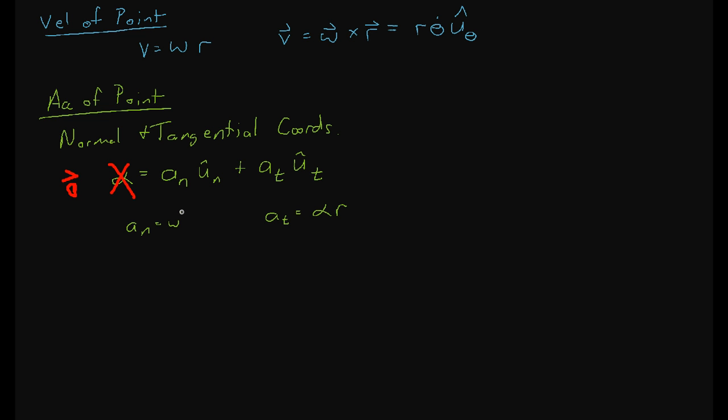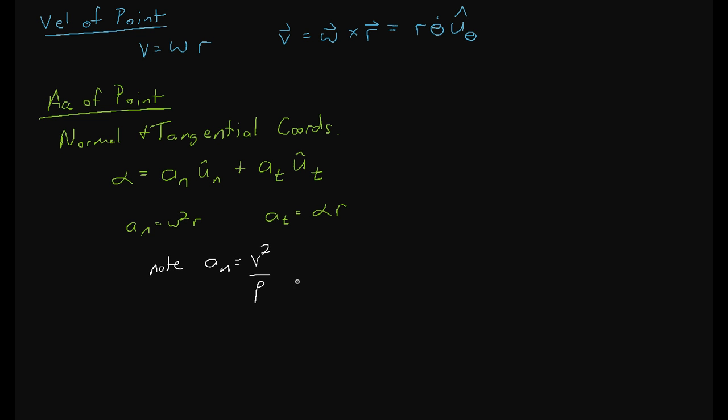It's going to have a normal component and a tangential component. The tangential component is just going to be alpha r, the derivative of the velocity from above. However, there's going to be a normal acceleration as well, acceleration that points towards the origin, towards the point that it's rotating about. And that's going to be omega squared r.